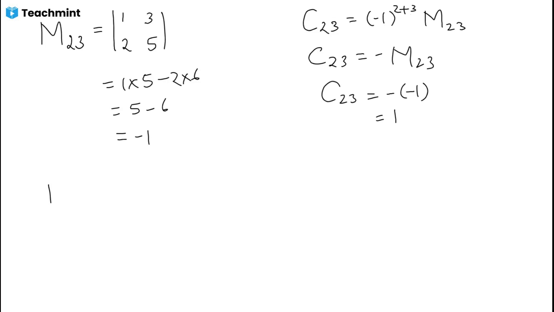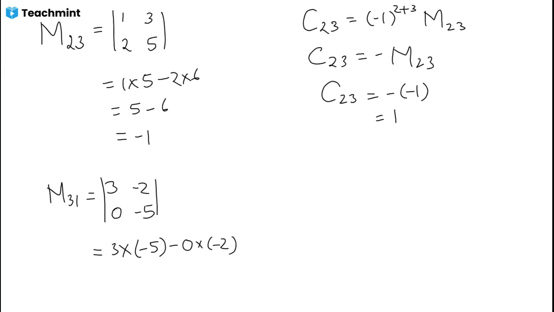Now let us find M31. Leave the element of third row and first column. Third row and first column, so 3 minus 2 0 and minus 5. So 3 into minus 5, 0 into minus 2.